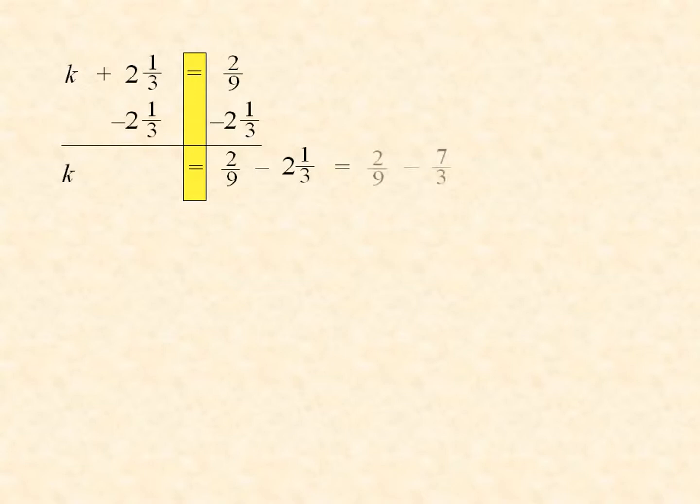We need to rewrite the 2 1/3 as an improper fraction. We have 2/9 minus 7/3, and that's 2/9 minus 21/9. Renaming the second fraction, we multiply top and bottom by 3, and that gives us negative 19/9. We are going to leave our answers as improper fractions because that makes them easier to check if we should have to check them.